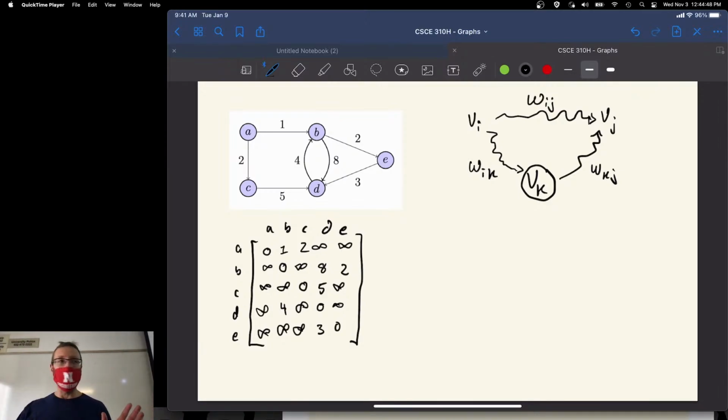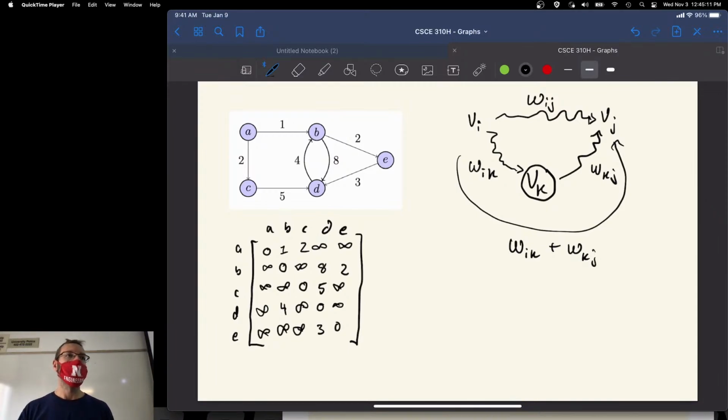If you followed the path that you found from this vertex down to this vertex, and then continued onto this vertex, it would cost you a weight of W sub IK plus a weight of W sub KJ. So in total, this is going to end up being a weight of W sub IK plus W sub KJ.